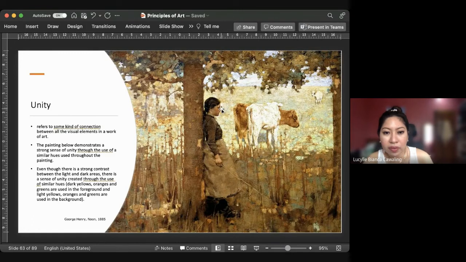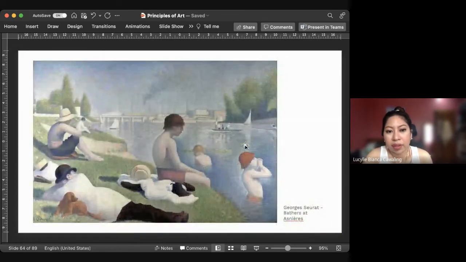So even if there is a strong contrast between the light areas and the dark areas, it also has the same sepia color, so it gives out a sense of unity or togetherness. And then this one naman, the figures here are a little bit rounded and ganon. So it also gives out a sense of unity.